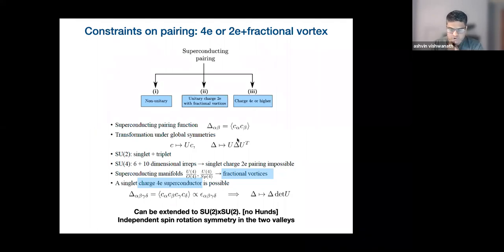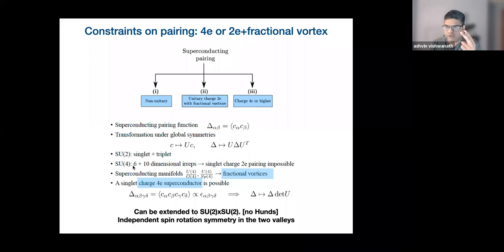The way this proof works, let me just sketch it over here. You have a pairing matrix, and you can rotate these electrons by whatever symmetry you have. It's simplest to think of a U4 symmetry, although actually U4 is broken ultimately. But just for the argument, let me say that there's a U4 symmetry, which, for example, you would get in the chiral limit. It's very easy to see a Cooper pair will always transform non-trivially under SU4.